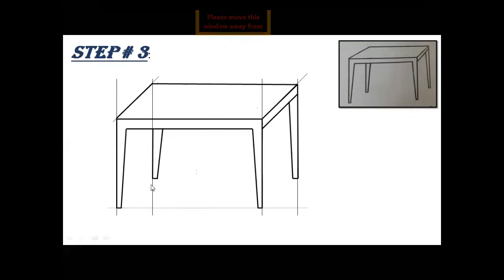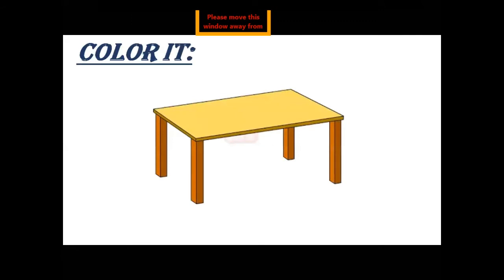Just like that. This one, this one. All the extra lines are continuously removing. So this is step number three. At the end of step number three, you will color the diagram. Okay, I hope students it is clear.